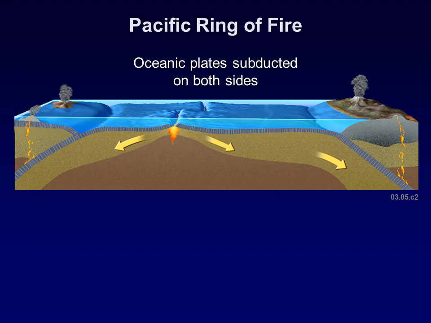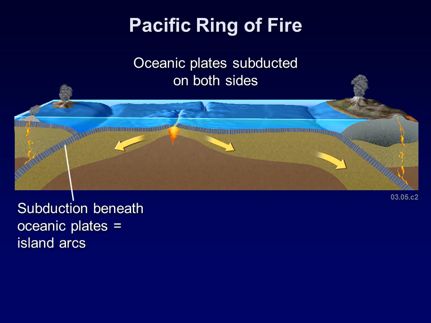Okay, so if we look at a side view, this is why there are so many volcanoes located around the Pacific Ocean. The oceanic plates are subducted on both sides. So on the left side of this image, we're looking at what's going on off the coast of Asia. For example, Japan.